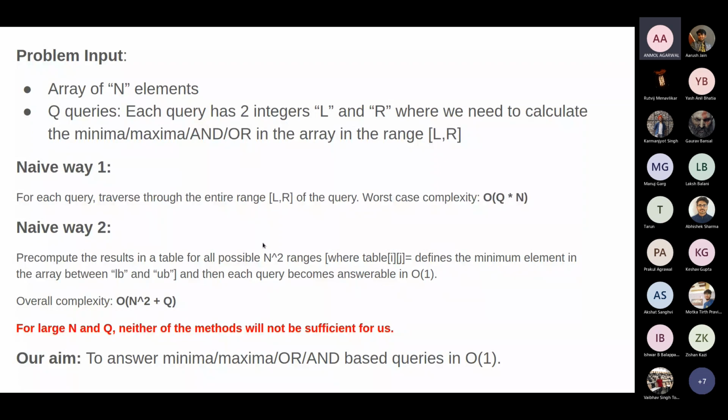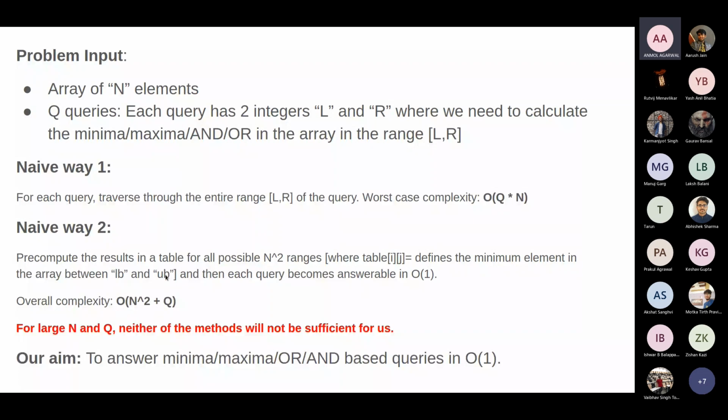So we can construct this table in O of n square time. And now when we have this table, we can answer each query in O of 1 time because we already have it stored. So the complexity for this solution would be O of n square plus q, where n square is to compute the table and q is to answer all the queries.